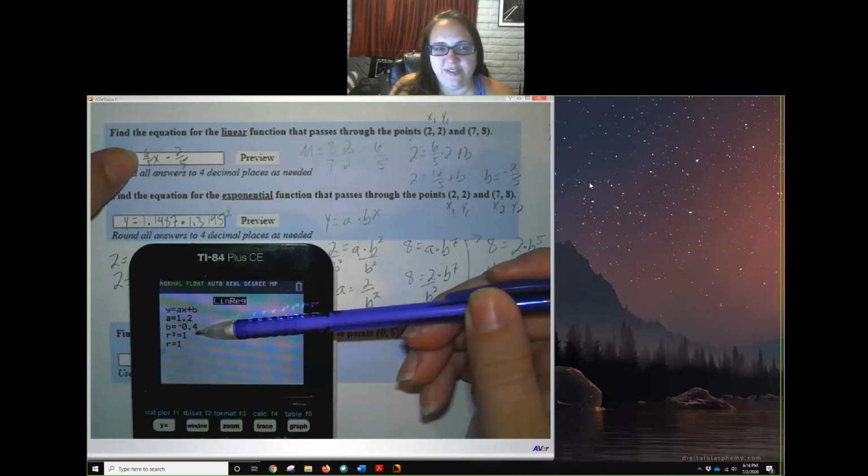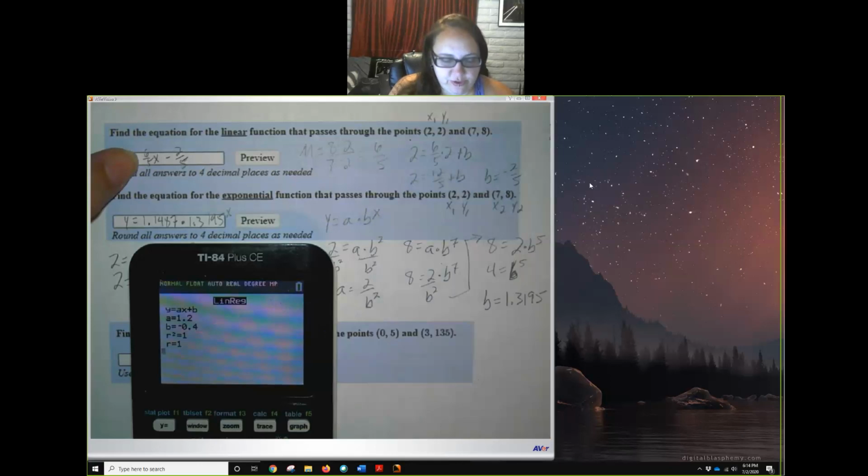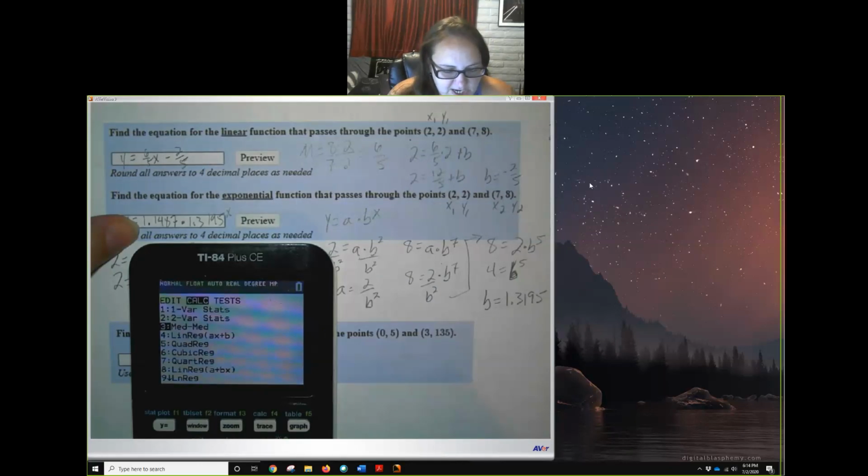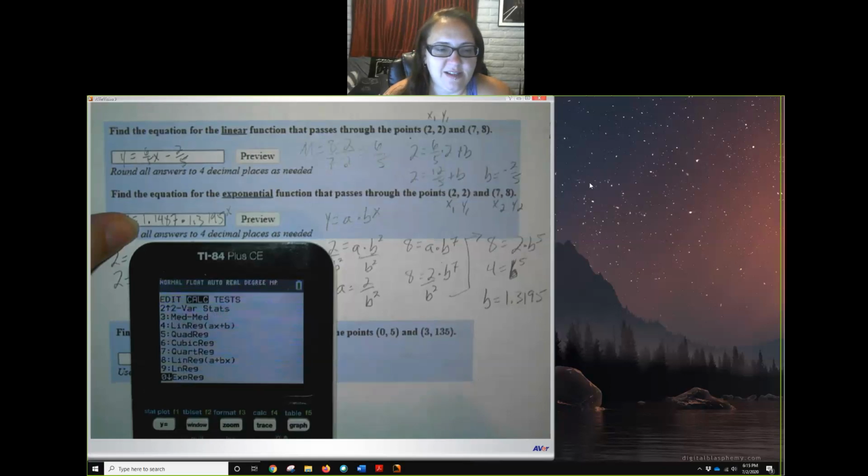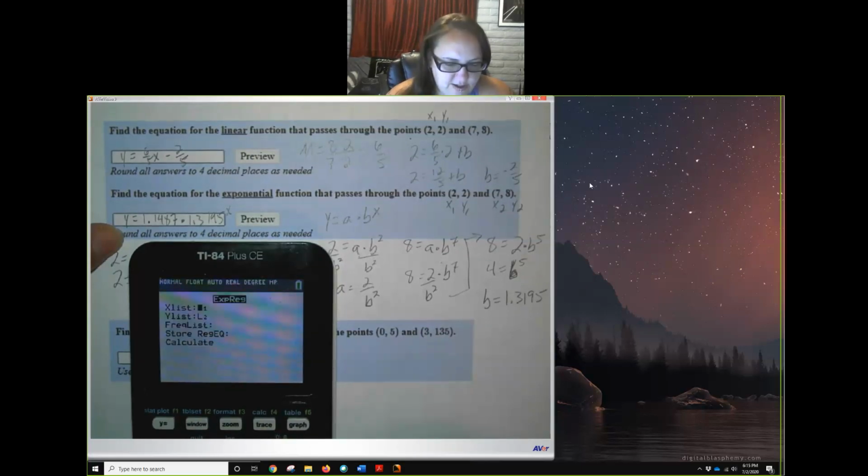And the good news is that the calculator will also do an exponential regression for you. If you go to stat and calc, instead of linear regression, we're going to scroll down, and right here, the next one off the screen is exponential regression. So enter.